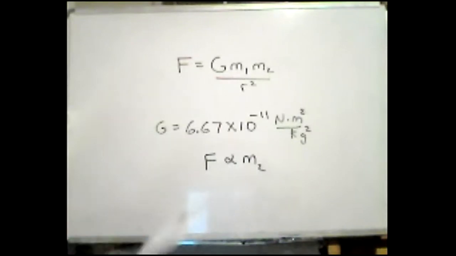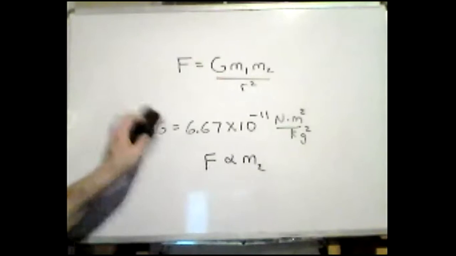Number 4, what is the ratio? Now think about this very carefully. What is the ratio of the force on the blue object to the force on the red object? And the mass of the blue one is twice as big as the red object.